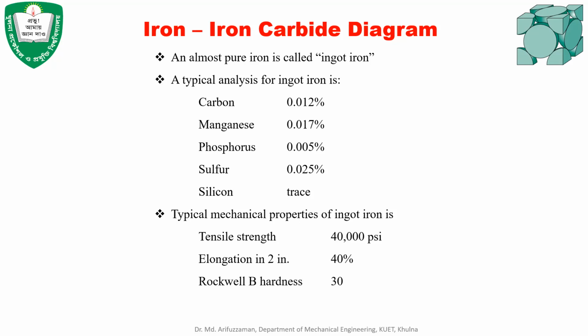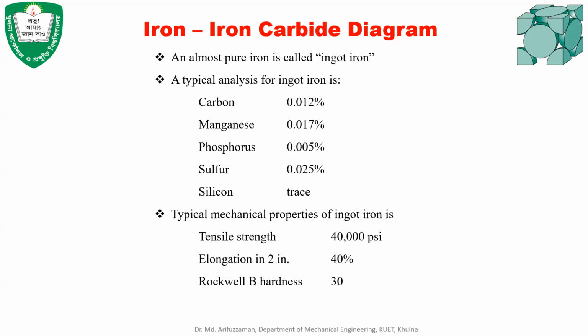And the typical mechanical properties for pure iron: its tensile strength is 40,000 psi, and elongation in 2 inch. During the tension test, if the gauge length is 2 inch, then the elongation is found to be 40%, and hardness, the Rockwell hardness number in the B scale, is 30.